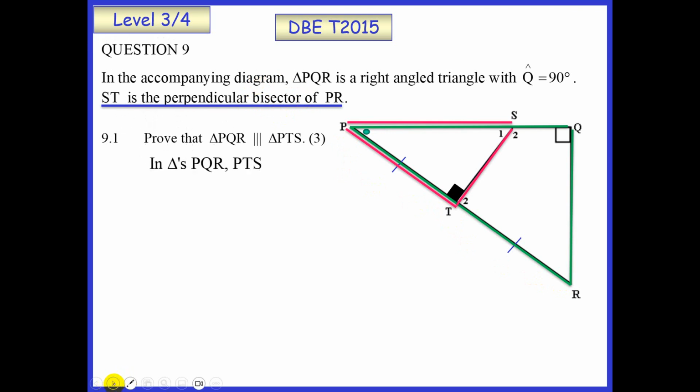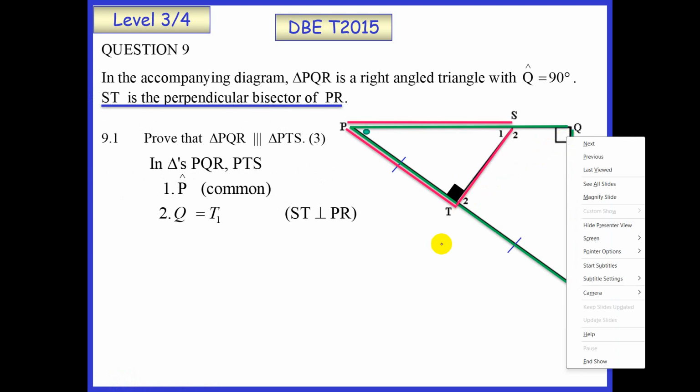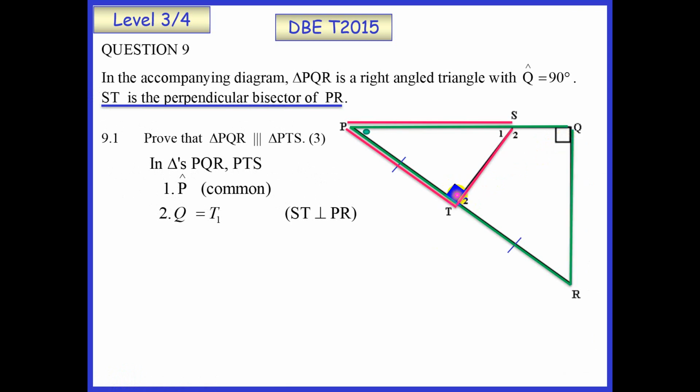Number one, in triangles PQR and PTS, angle P is common. Number two, we have angle Q is equal to T1, and the reason is because ST was perpendicular to PR.